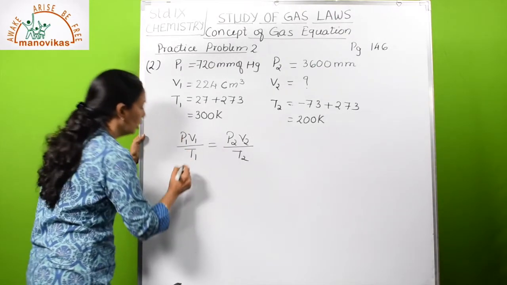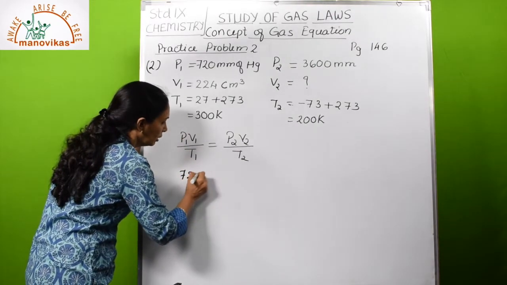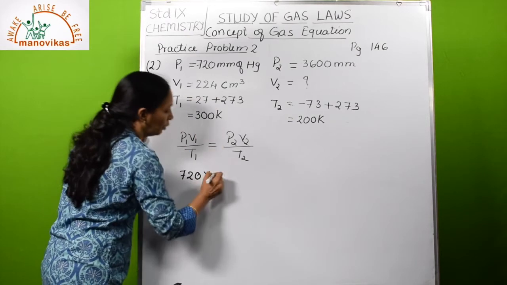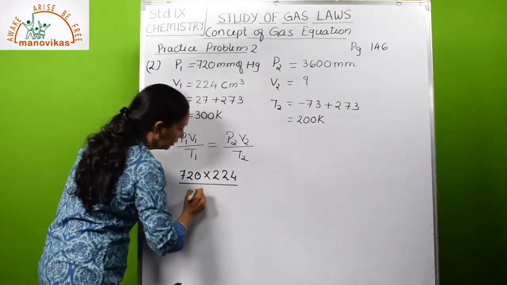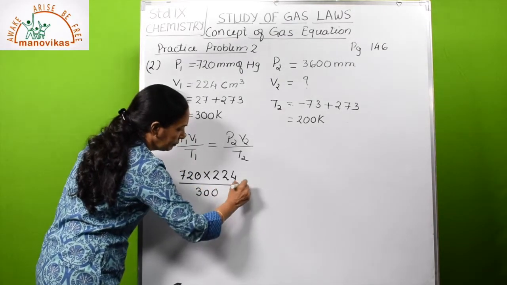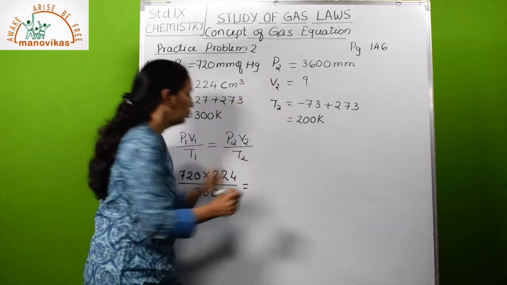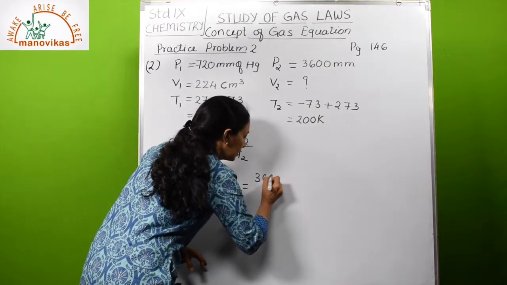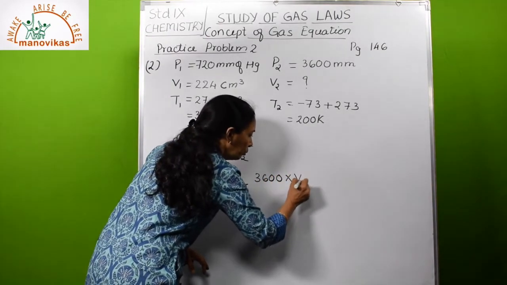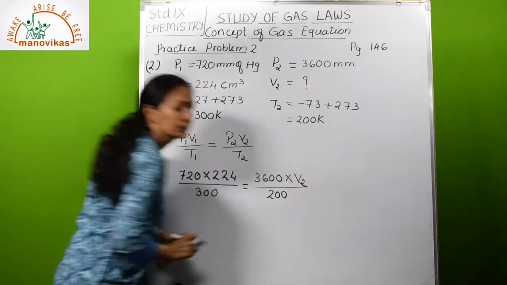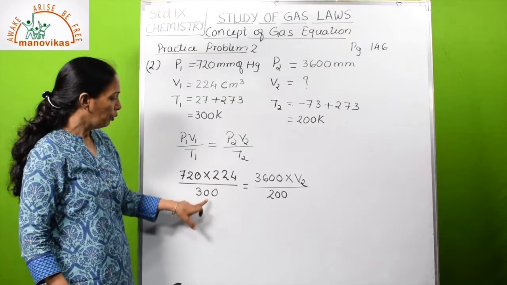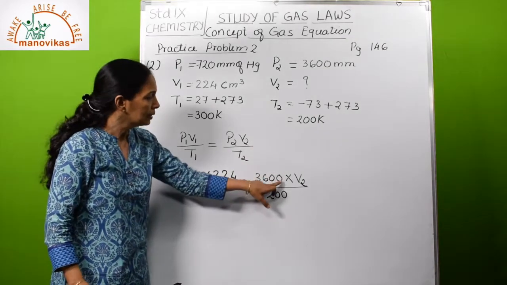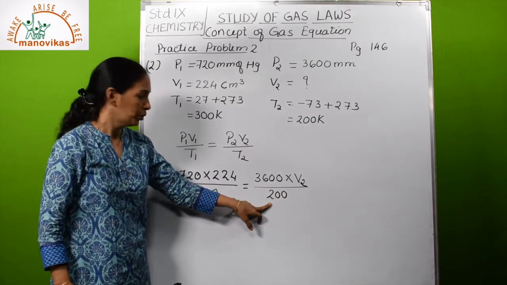Substitute the values. So it will be 720 multiplied by 224 upon 300 equal to P2, 3600 into V2 upon 200.